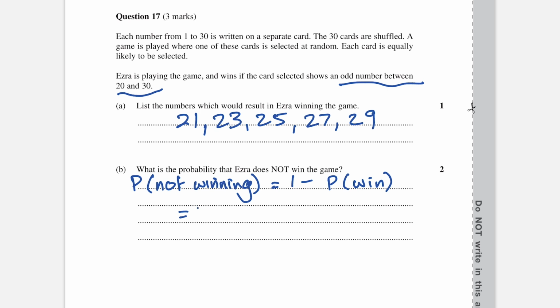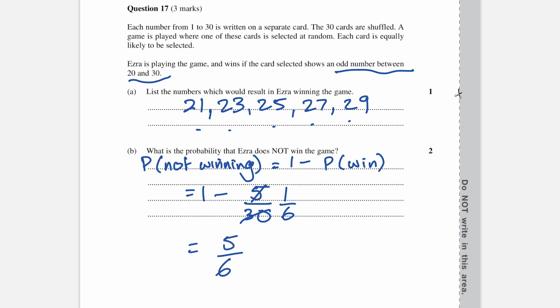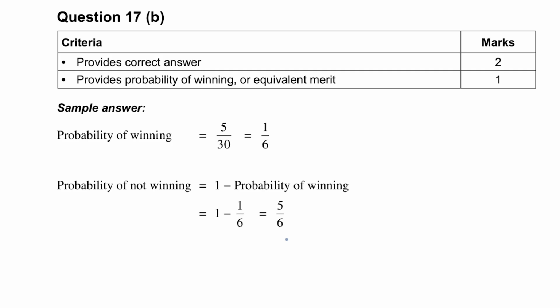Which is 1 minus the probability of him winning, which is with 1, 2, 3, 4, 5 cards out of a total of 30 cards. We can simplify that down. 5 goes into itself once, and 5 goes into 30 6 times. So 1 take away 1/6 is going to be 5/6. And that's our answer.